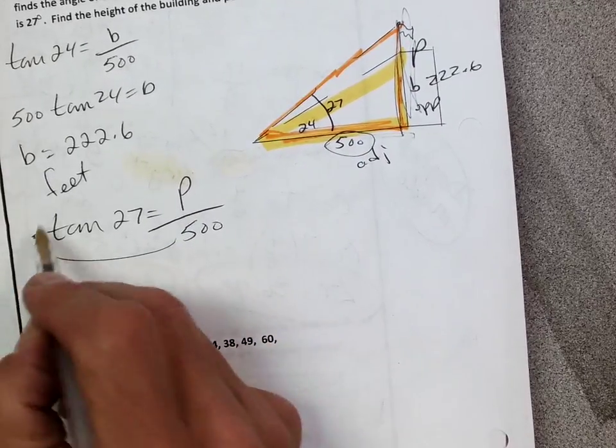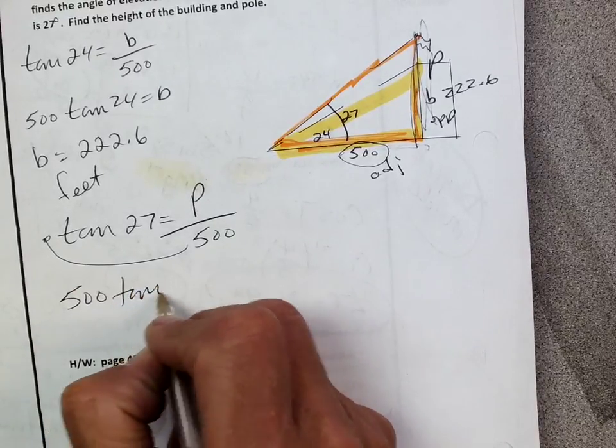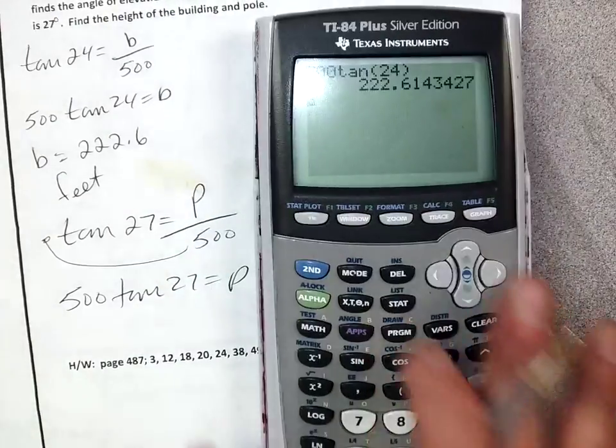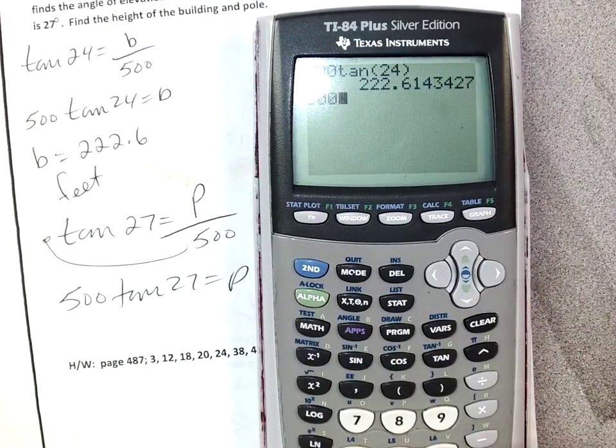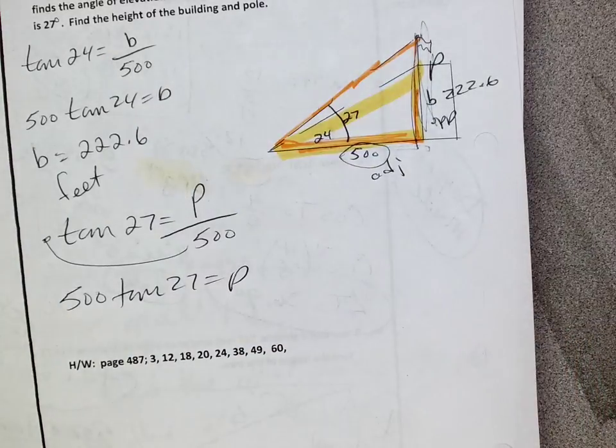We'll multiply up the 500. We'll go 500 tangent 27 equals P, and I'll just use my calculator again. 500 tangent 27, I get an answer of about 254.76.